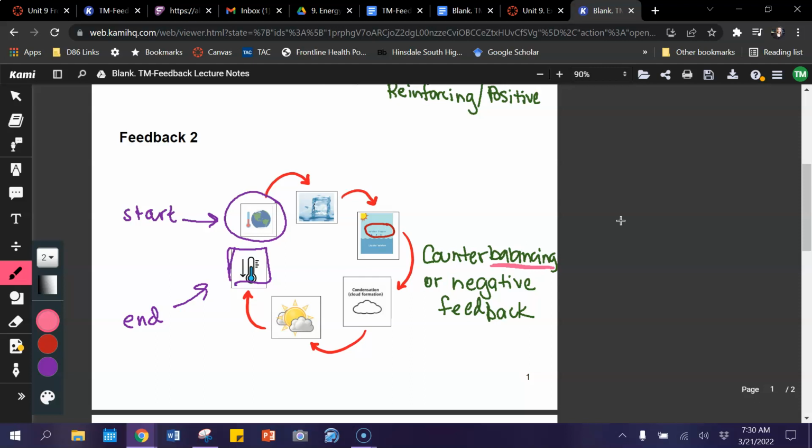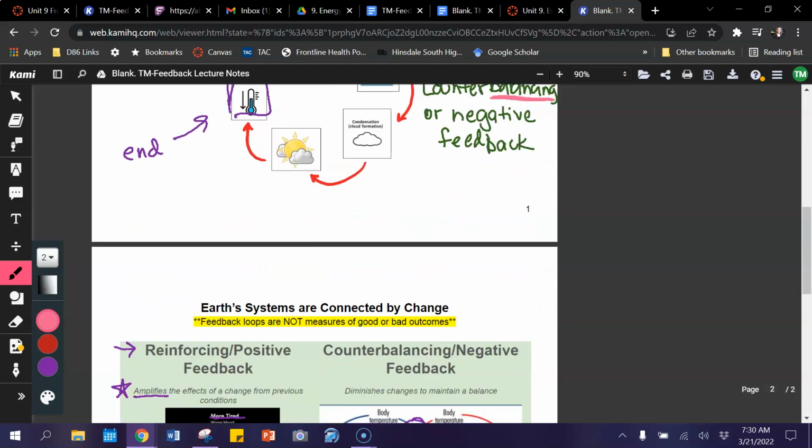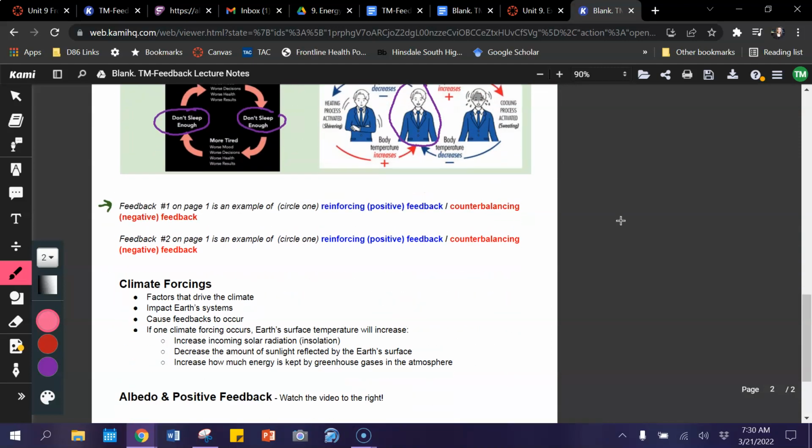And so negative feedback is going to have a balancing effect. The other name for negative feedback is counterbalancing. So now let's come on back down to our questions here. We said that number 1 was reinforcing or positive feedback, and we said that number 2 is counterbalancing / negative feedback.